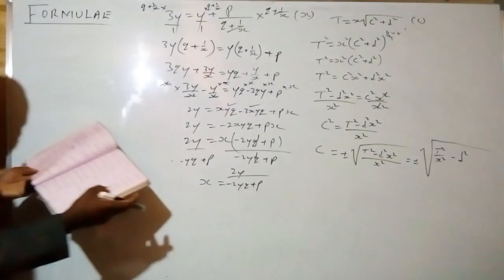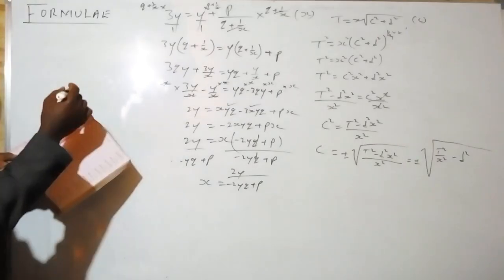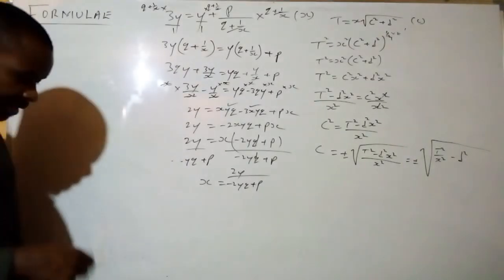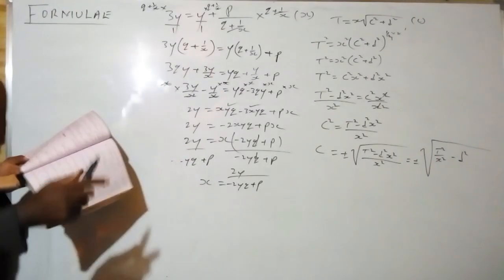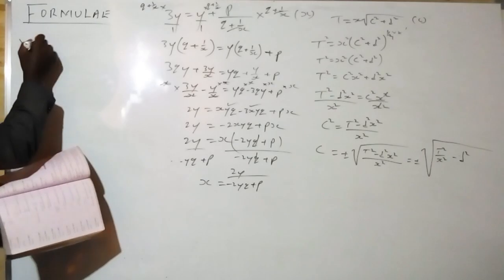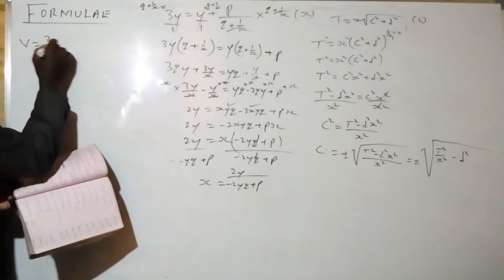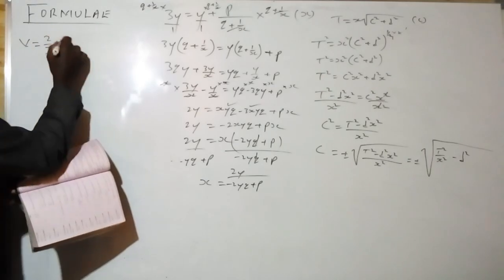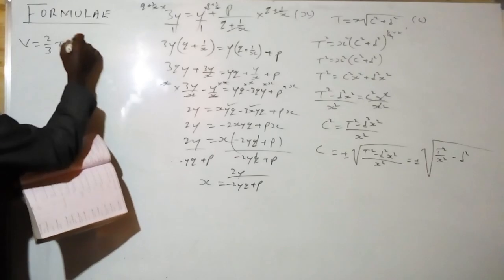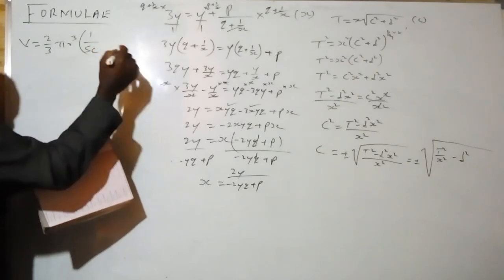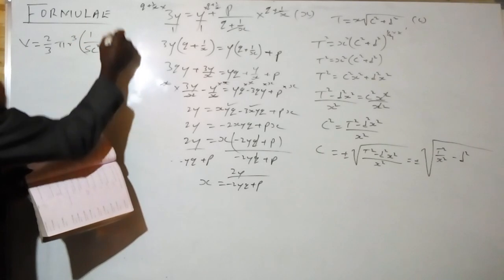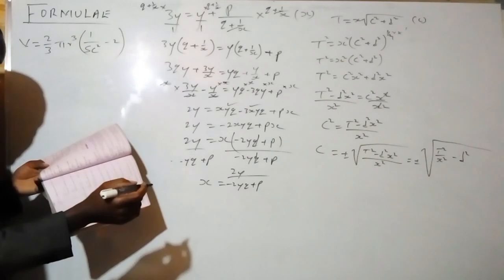You can try this. You are given that v is equals to 2 over 3 pi r cubed, open the bracket, 1 over c squared minus 2. You are supposed to make c subject of the formula.